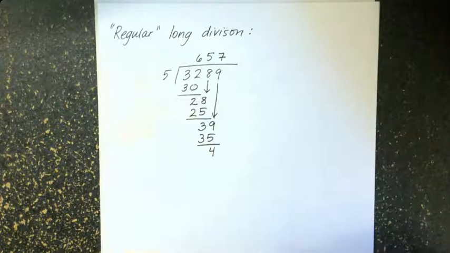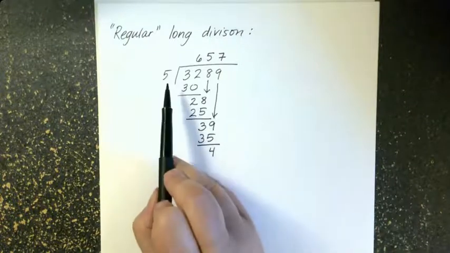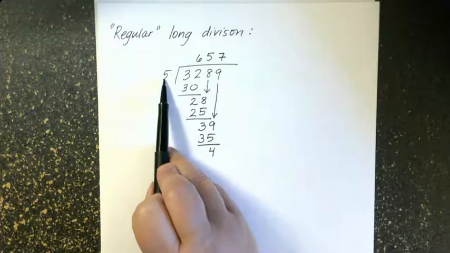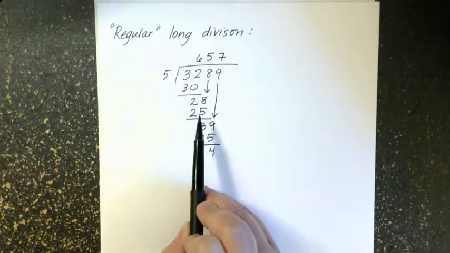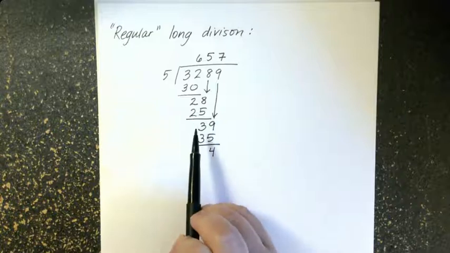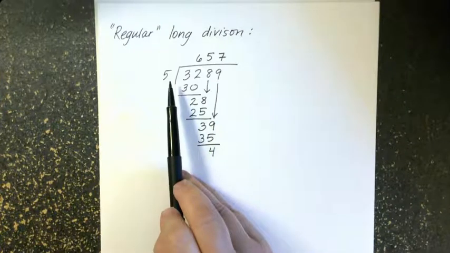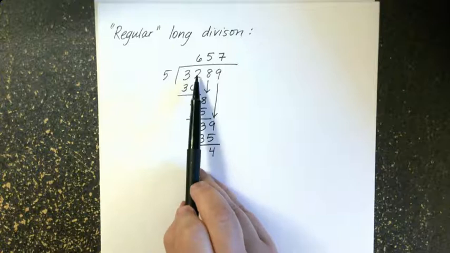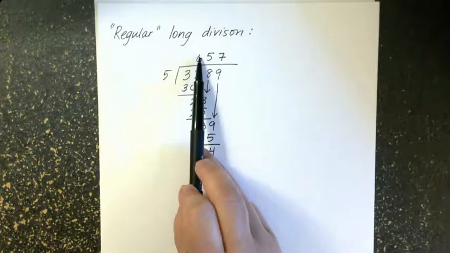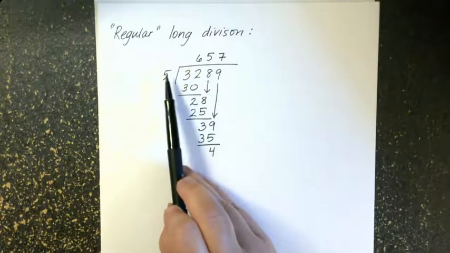So I just wanted to remind you of that for a couple of reasons. Even though polynomial long division is a little different, a few things are the same. One is that whole part where I say, how many times does 5 go into this? We're going to phrase it a little differently for polynomials, but that's what we start by asking. The next thing is, I take whatever that number is and I multiply and put it up underneath here.